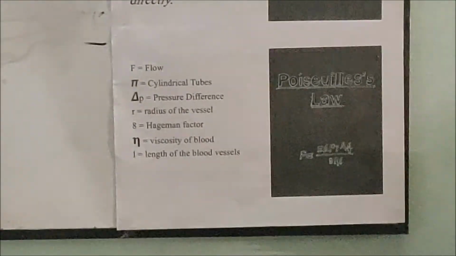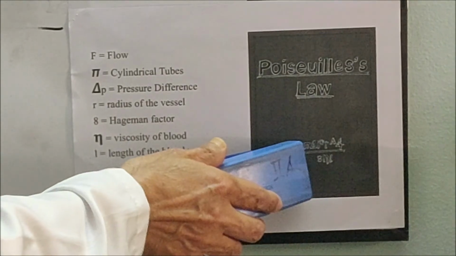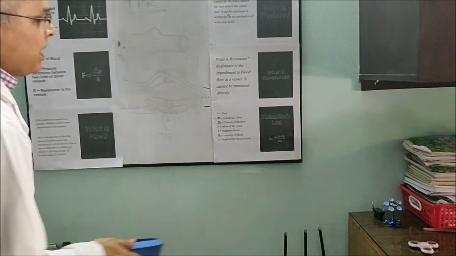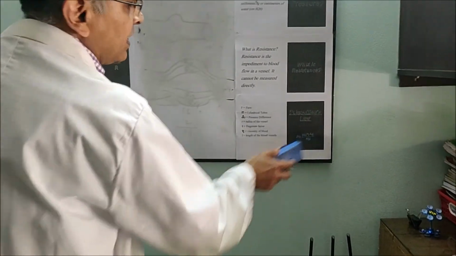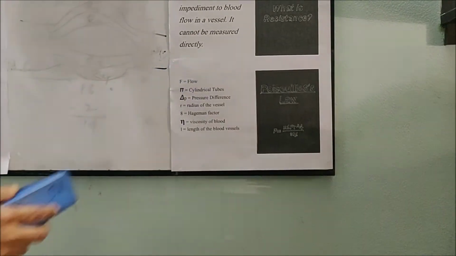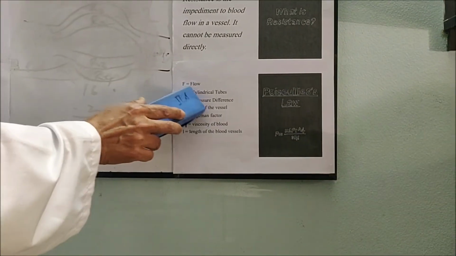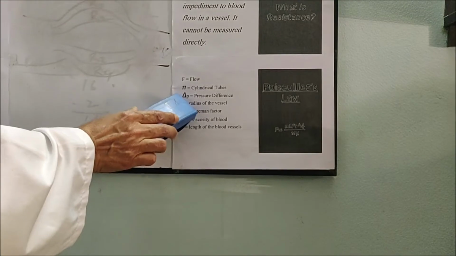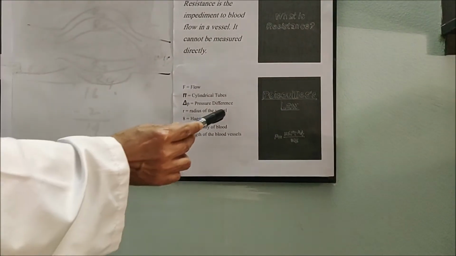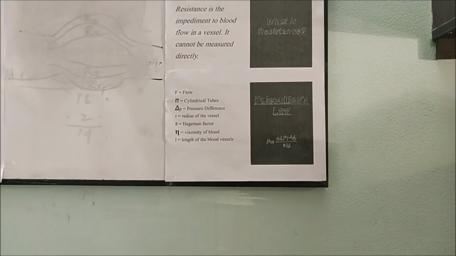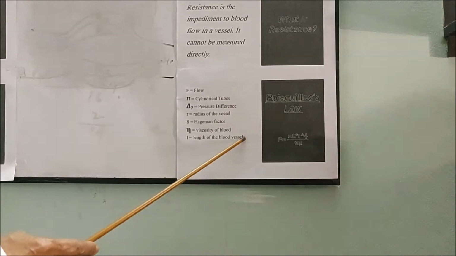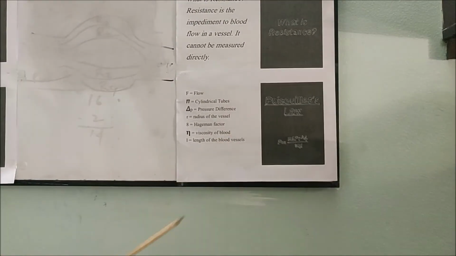Flow is directly proportional to pi, delta P and the fourth power of the radius, and inversely proportional to eta and L, the length of the tube. F means flow, pi is for cylindrical tubes, delta P is the pressure difference, r is the radius of the vessels, eta is the viscosity of blood, and L is the length of the blood vessels.